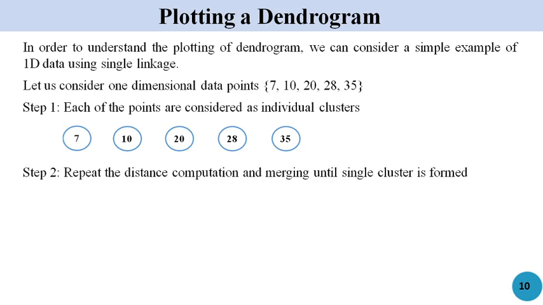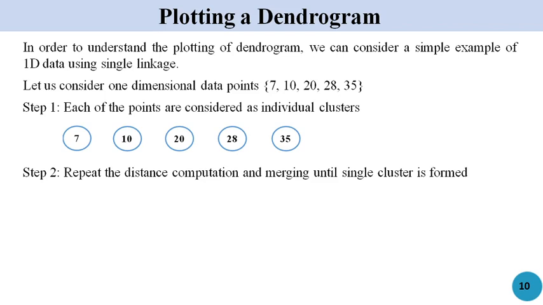From the second step onwards, we'll start computing the distances between each of these clusters. In order to make the computation easier, we'll arrange all of them in increasing order so that we will not have to calculate the distance between every pair of clusters. We'll just have to calculate the distance between the adjacent clusters.